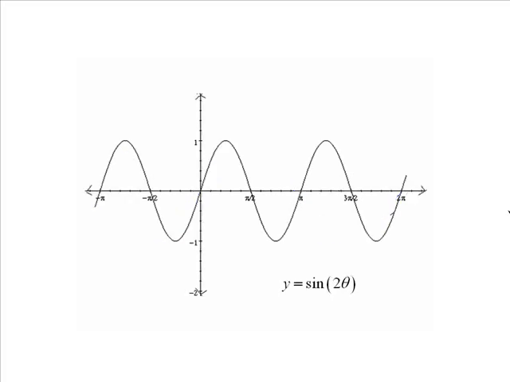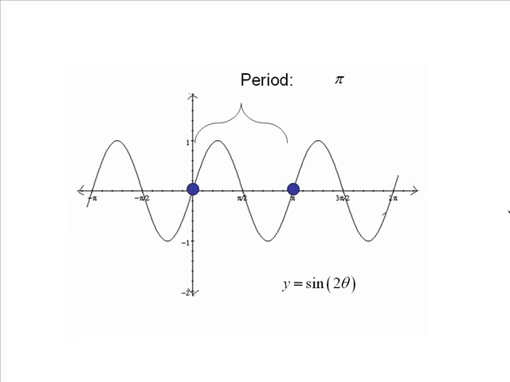Now here it is on its own, and follow the pattern. You can see that the period is shorter by a factor of 1/2. The period is pi, as I indicated, and the period is always from one point on a cycle to the same point on the next cycle.